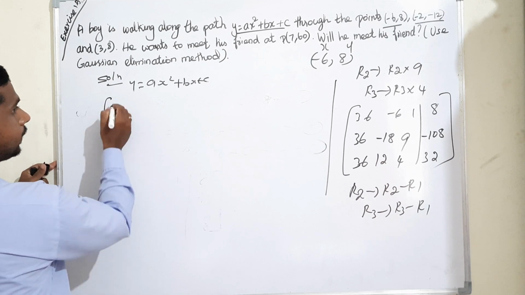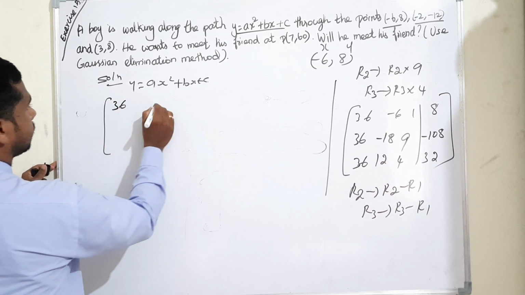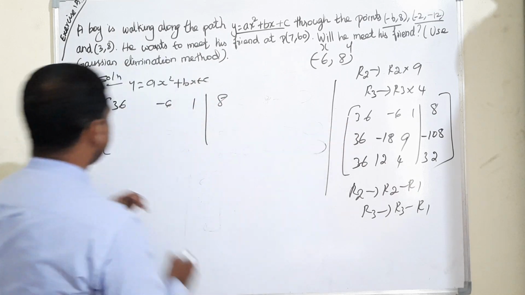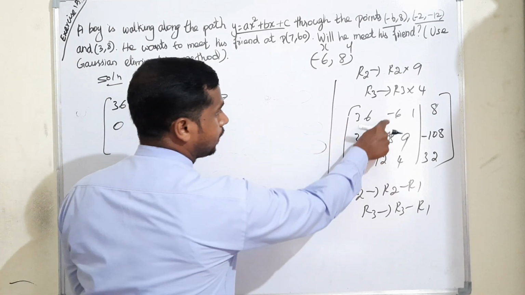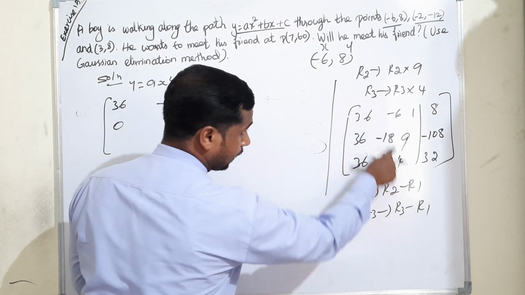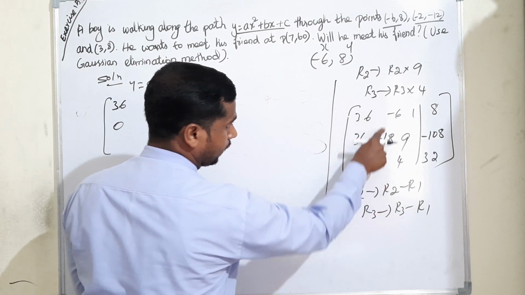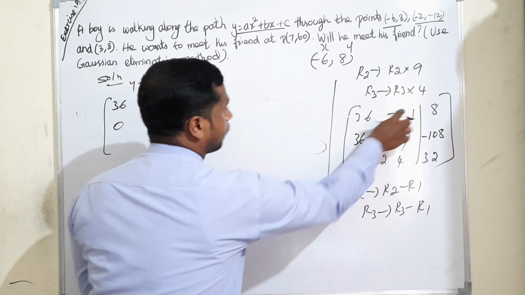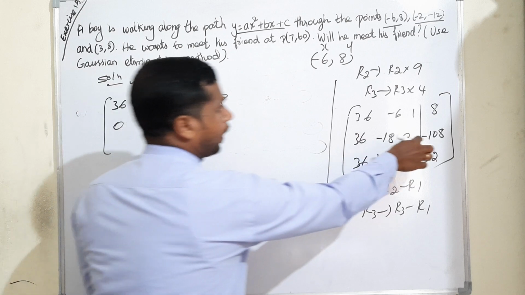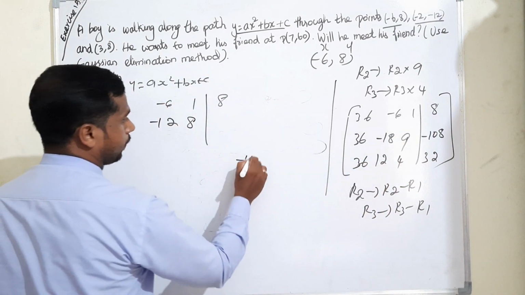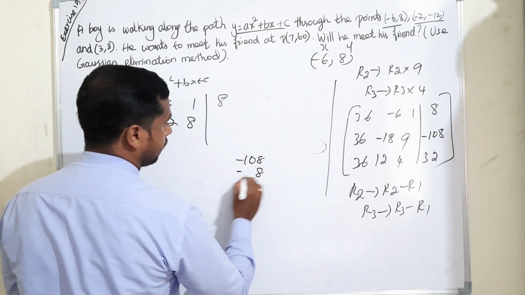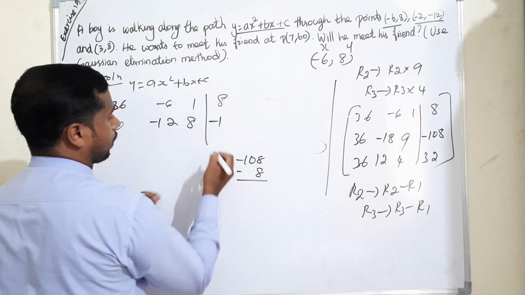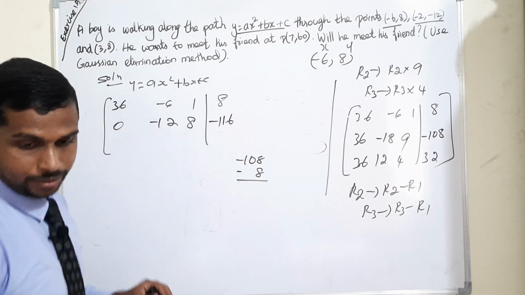So R1 as it is: 36 minus 6 1 8. 36 minus 36 is 0, minus 18, already minus is there, minus into minus is plus, so minus 18 plus 6 means minus 12, isn't it? Next one, 9 minus 1 is 8. Minus 108 minus 8, add: 108 plus 8 means 116, so common minus, minus 116, isn't it?